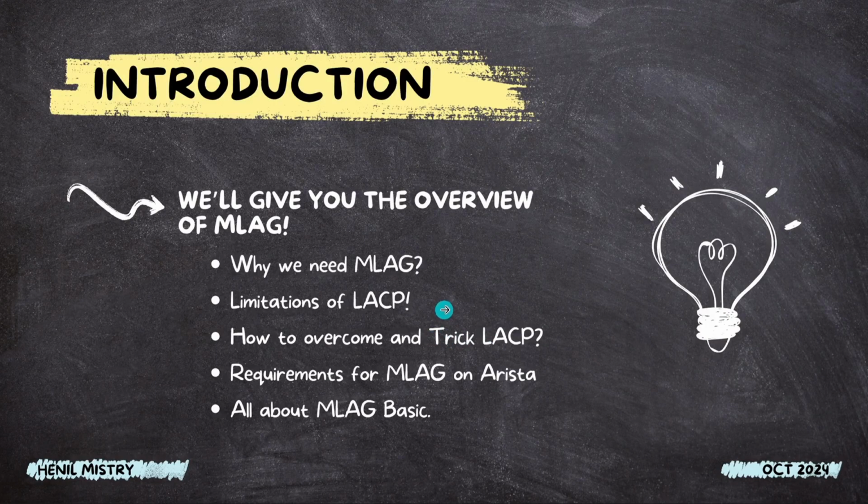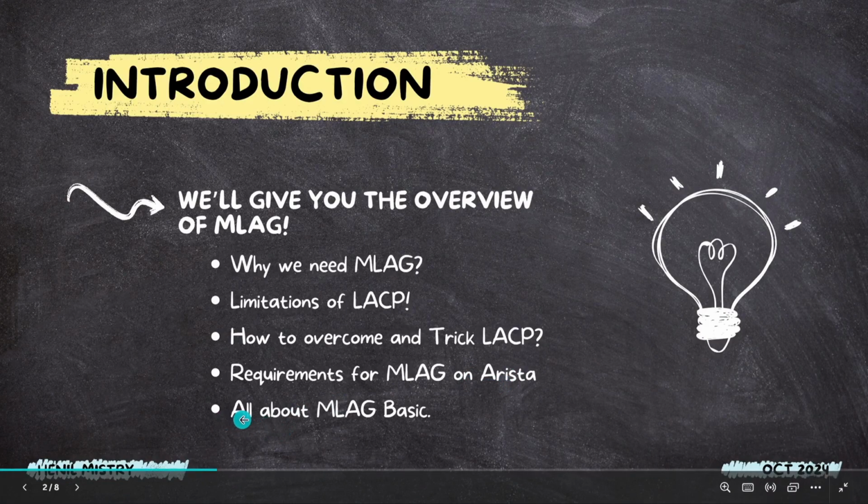So you see how these videos and protocols are connected, which is why I highly suggest you watch the previous videos. Then we'll see the requirements of MLAG on Arista. I'm making it vendor specific, which I'll talk about later, and we'll see all about MLAG.